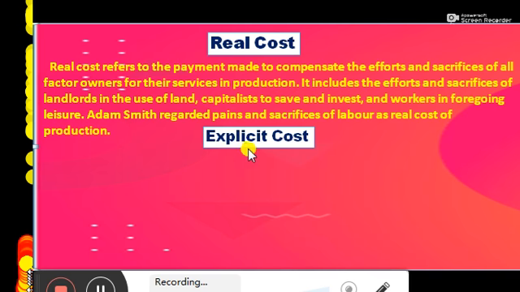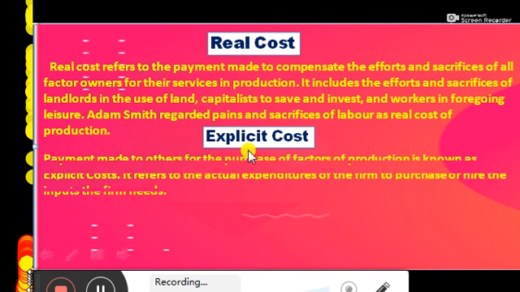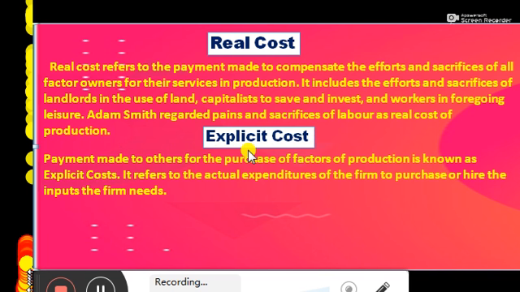Okay, next is explicit cost. We must have seen this in money cost. Payment made to others for the purchase of factors of production is known as explicit cost.